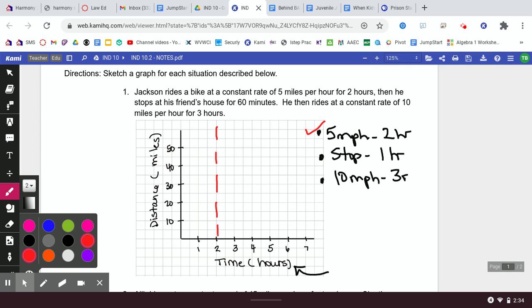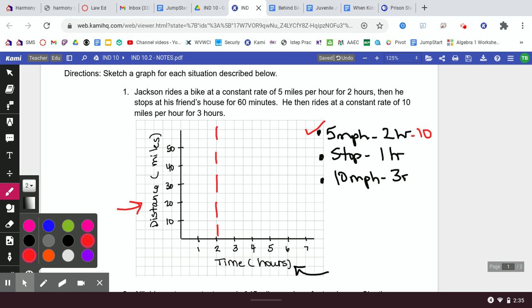So if you go 5 miles per hour. Remember, this is a distance graph, so I need to think about distance. If you can go 5 miles per hour constant and you go for 2 hours, what's the distance covered there? 10 miles, right? 5 miles per hour for 2 hours. I can get very specific with my distance, and because this is a distance graph, I want to, if I can.